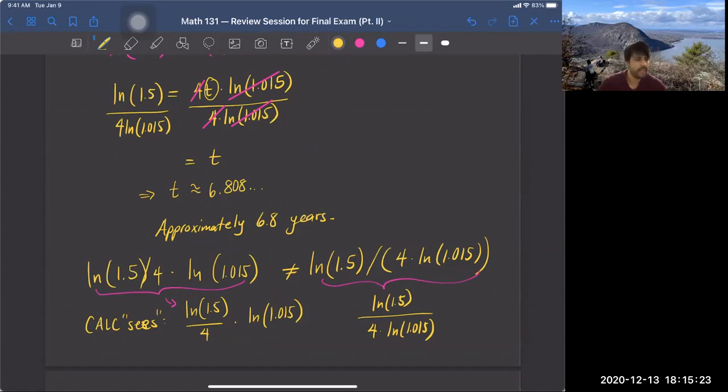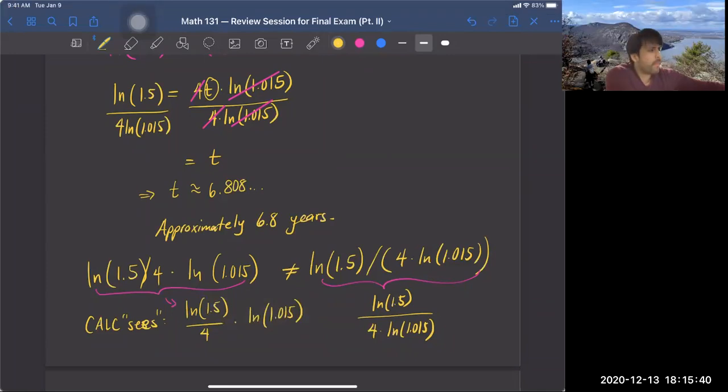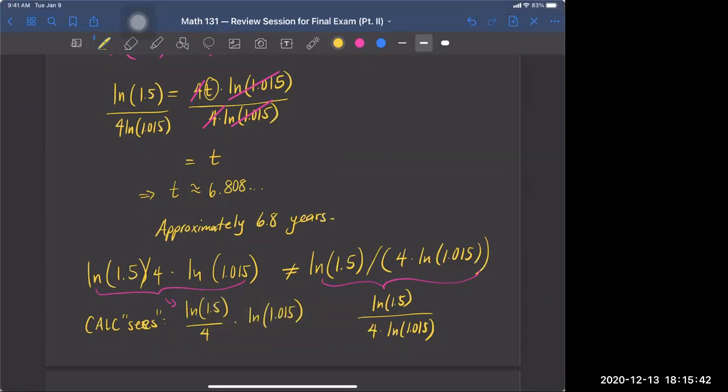Yeah, I was panicking. Good. So we're clearing things up. Professor, yes, I'm doing what you said, right? But I'm getting 6.75. For what, when you did ln of 1.5 over 4 ln 1.015?